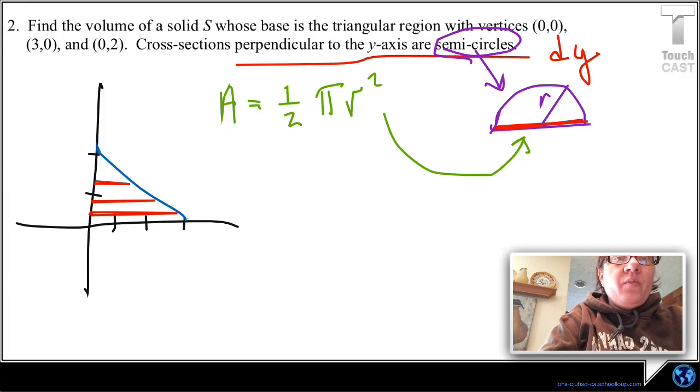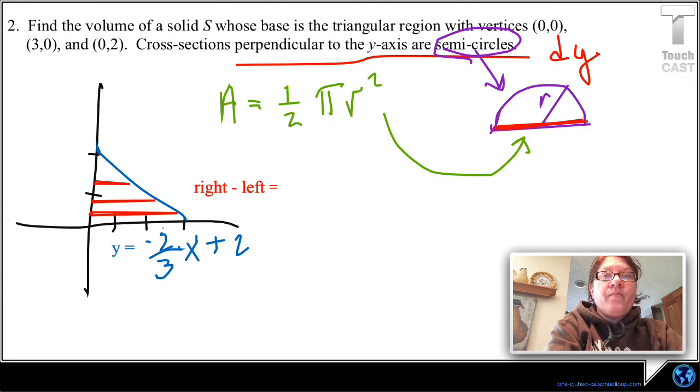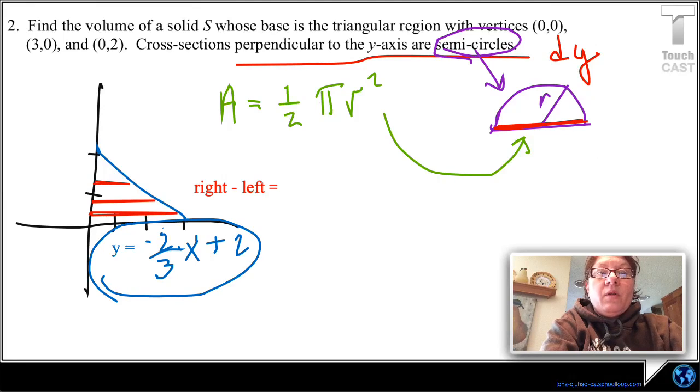So if you notice from the picture, the length of each of those red lines would be right minus left. So if I look at where each of those right red marks is hitting, they're hitting on that blue line, and so I had to write the equation for that blue line, and I just put it in slope-intercept form.